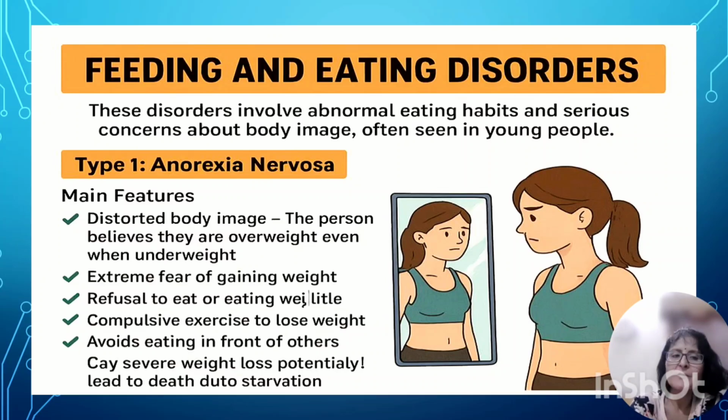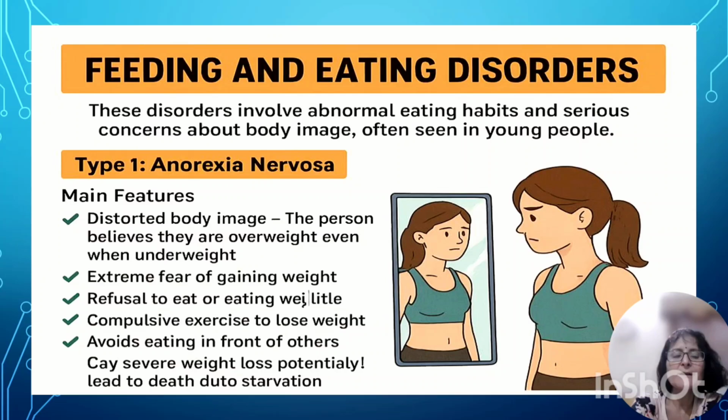The next type of disorders are feeding and eating disorders in your syllabus. Again, they were also covered in your class 11th. You might have studied about Bulimia and Anorexia Nervosa. So it would be easy for you to understand. Here the child or adolescent experiences distorted body image.